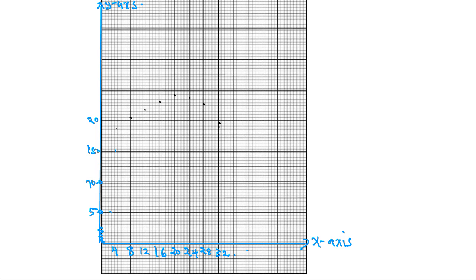So we want to get this good starting point of the graph as well.